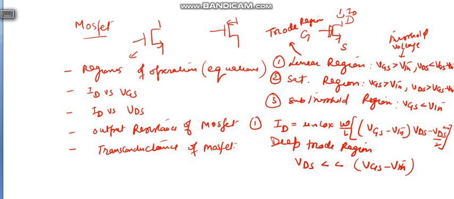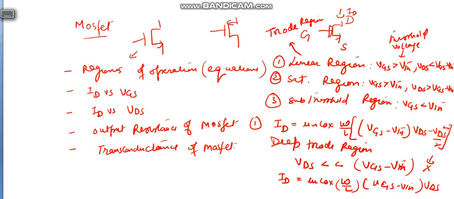So in this case, we can ignore the VDS squared term, and we can write ID equals mu n Cox W by L (VGS minus VTH) VDS.